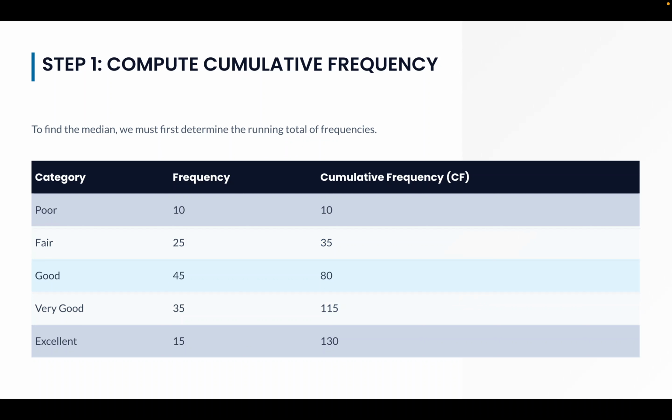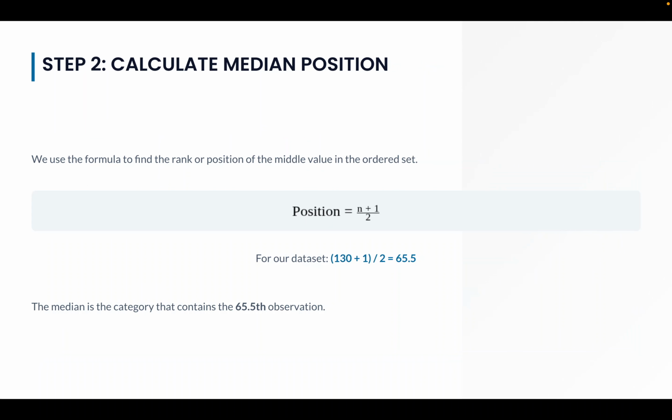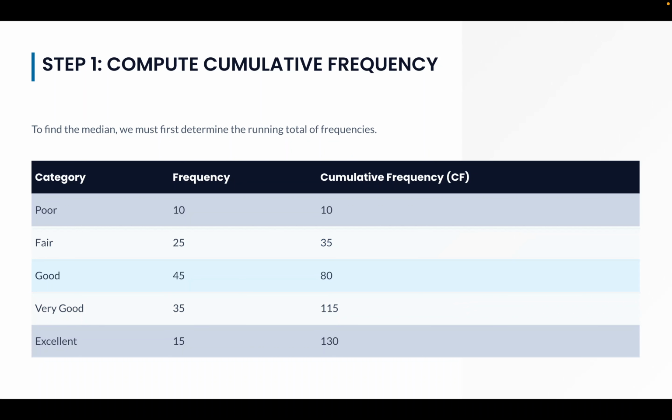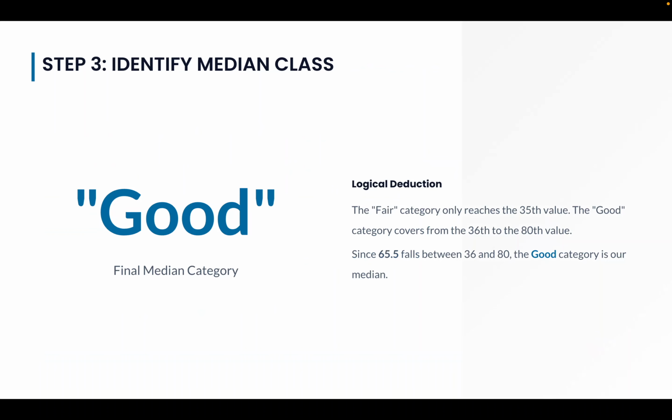There's also a gap between fair and good, 35 and 80. If our observation falls onto those gaps between fair and good and very good, that is how we identify the median class. So this is our deduction.